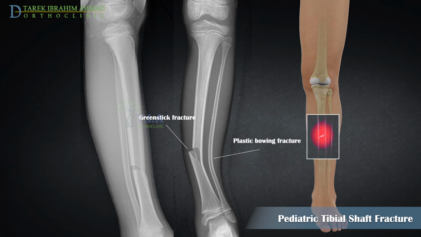Greenstick fractures are incomplete fractures involving disruption of 1 to 3 sides of the bone with bending of the others, akin to bending and splintering a tongue depressor without snapping it clean in two. Plastic bowing fractures are caused by axial loading that creates microfractures along the cortex and abnormal curvature of the bone. These fractures are more common in the radius and ulna, but may also be seen in the fibula.